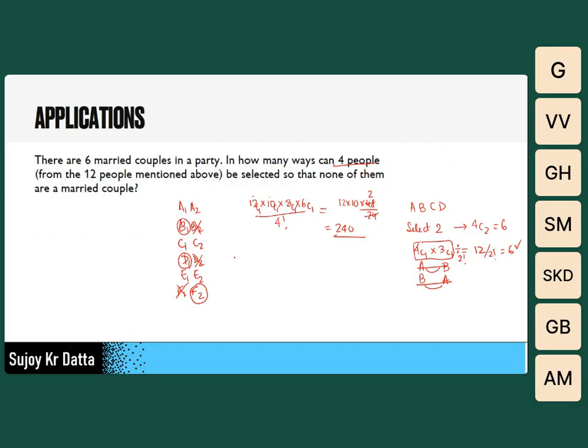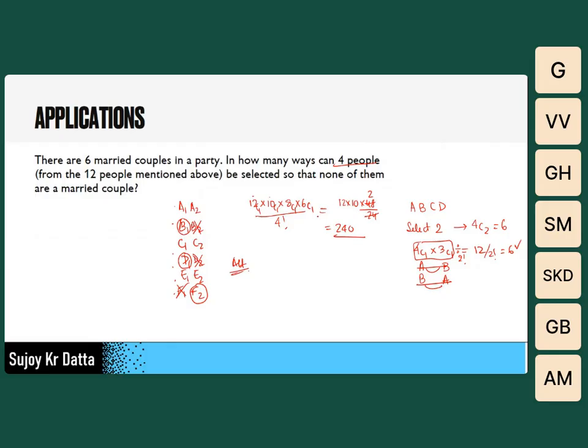What else we could have done? There exists another way of doing this. For that, we need to realize that the people that are getting selected are part of a couple, right? So basically, we can say that we are going to select one of the two in a couple, not both, one of the two.